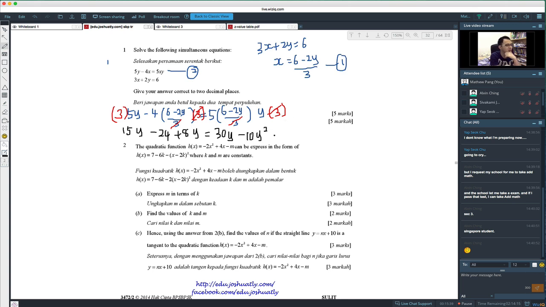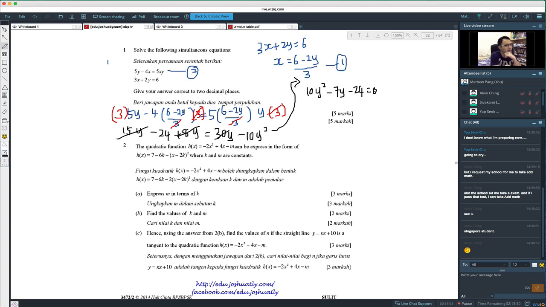I move everything to the other side, so I have 10y squared, then 15y plus 8y is 23y, minus 30y, which gives negative 7y. So minus 24 equals 0.